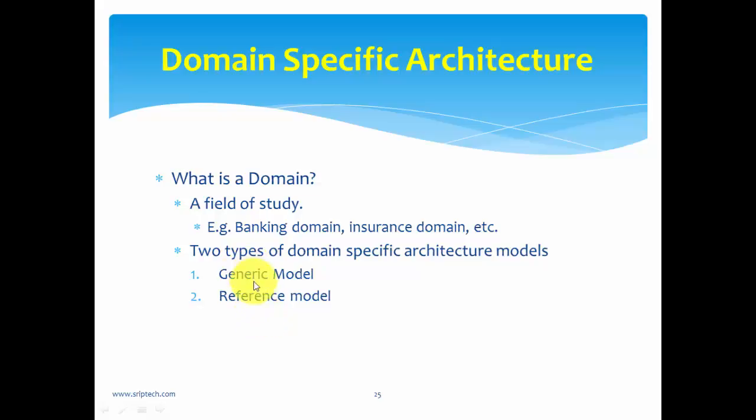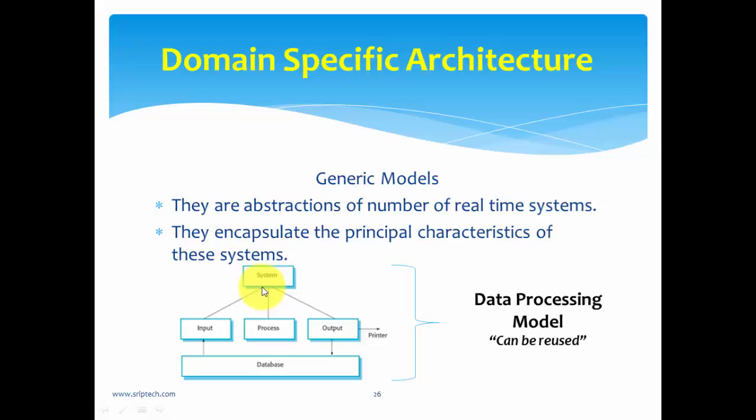Now we shall understand what we mean by a generic model and what we mean by a reference model. Generic models are abstractions of a number of real-time systems, and they encapsulate the principal characteristics of these systems. Generic, as the name itself says, is in a more generic fashion.